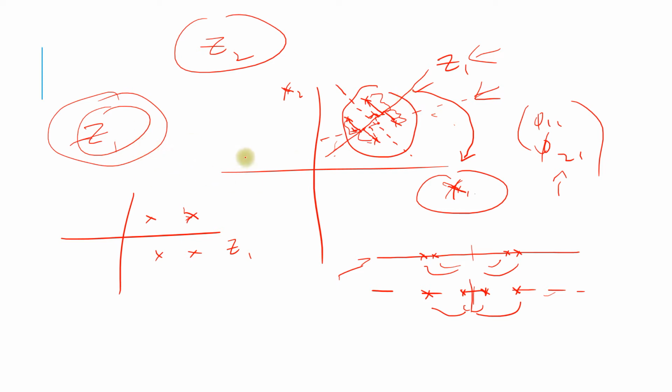If you found Z1, finding Z2 is relatively easy: you can imagine a new axis which is perpendicular to Z1. All right, a new axis which is perpendicular to Z1. And this new axis will now explain the next proportion of variance in the data.